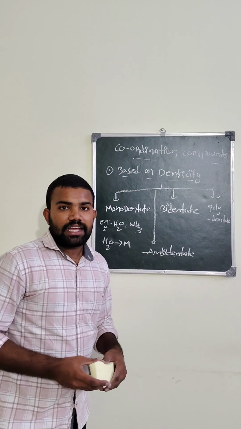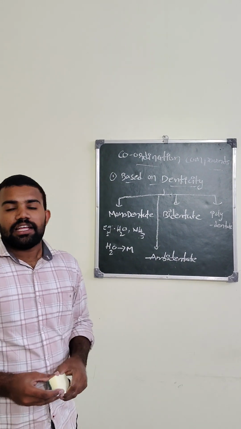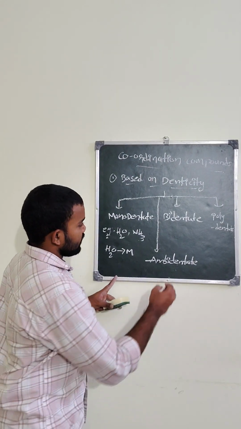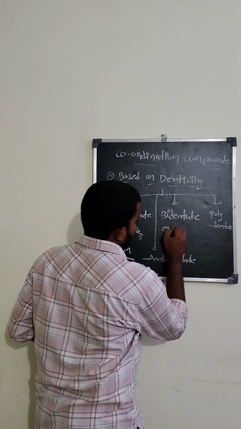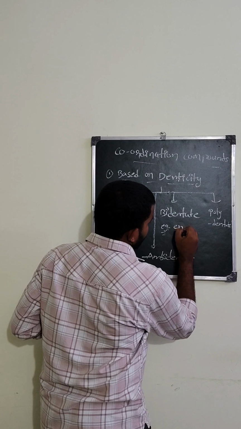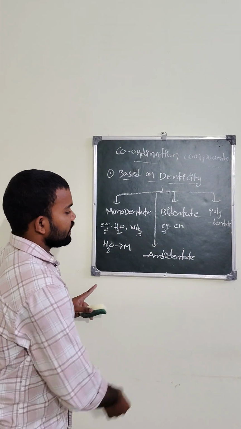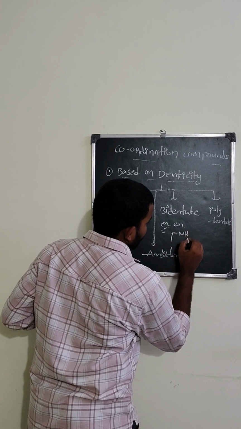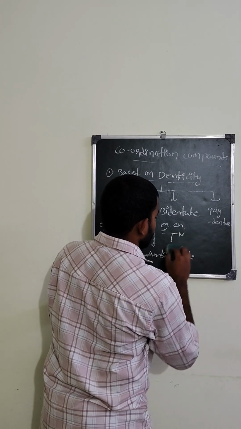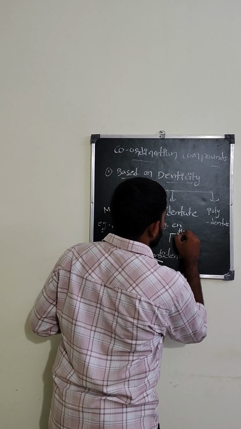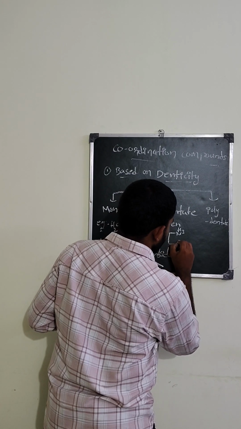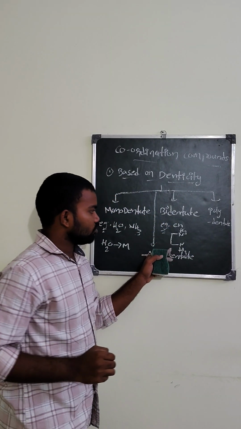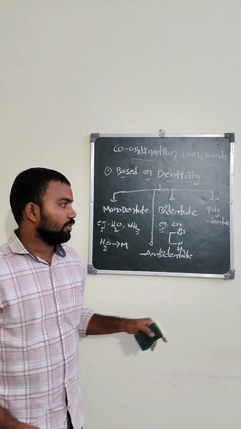What is a bidentate ligand? In one ligand there are two donor atoms. For example, ethylene diamine. If I take ethylene diamine, CH2, CH2, NH2, NH2, this is ethylene diamine.